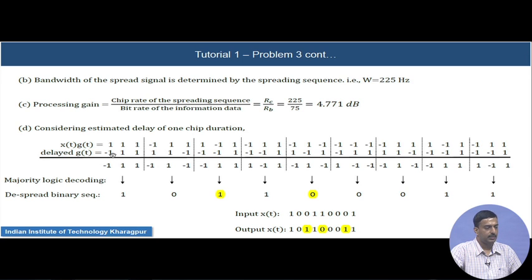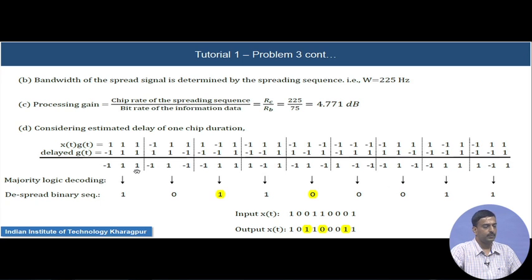So this PN sequence, which is not synchronized now, is multiplied with the received spread signal sequence, and what we obtain as a result of this multiplication is a new sequence.